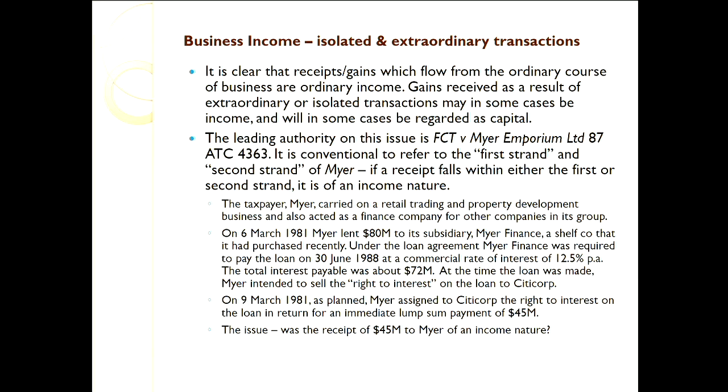Under the Whitford's Beach test, a receipt from an isolated event, an isolated activity, will be income if that activity takes on the features of a business of itself. Now, in problems, there's often an overlap, and they both could apply, between Myer 1 and the Whitford's Beach test, right? So often on the same set of facts, you'll consider both Myer 1 and Whitford's Beach, whereas Myer Strand 2 is very specific where it applies.